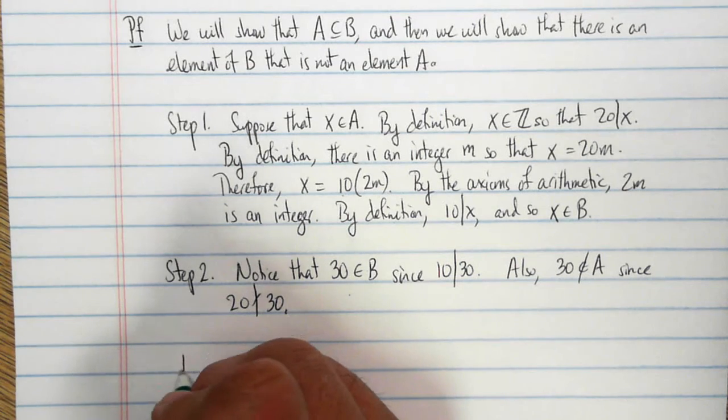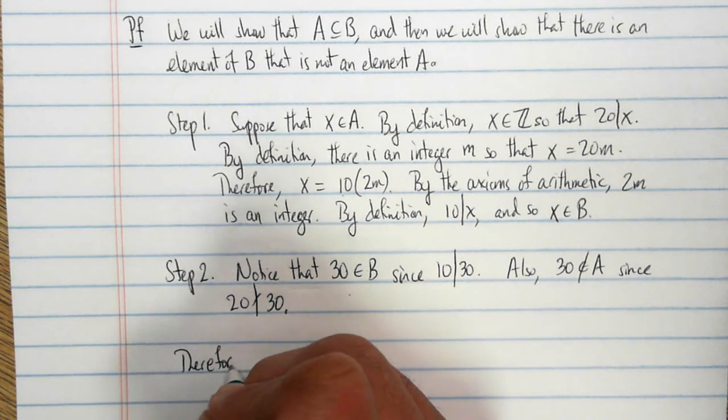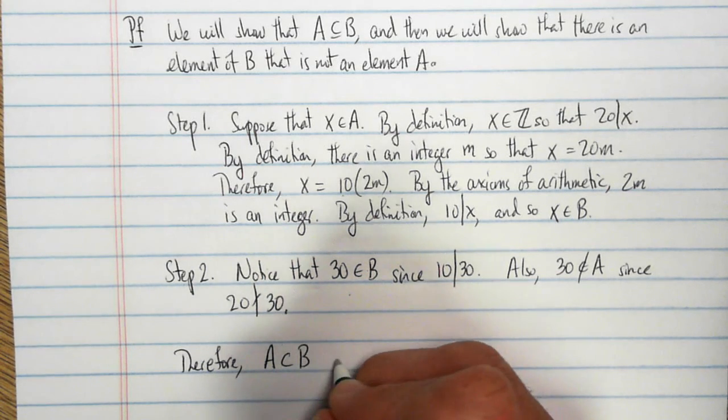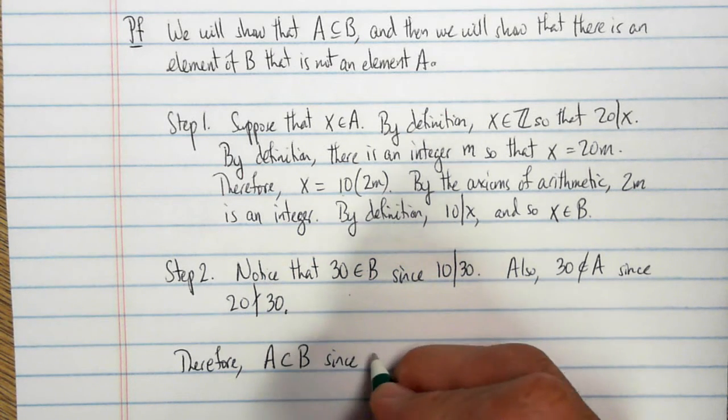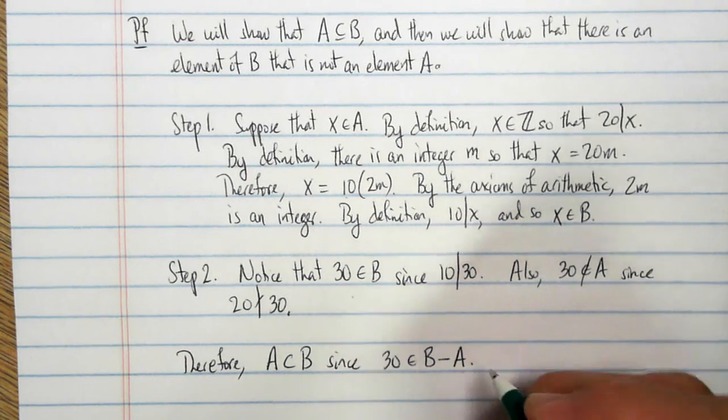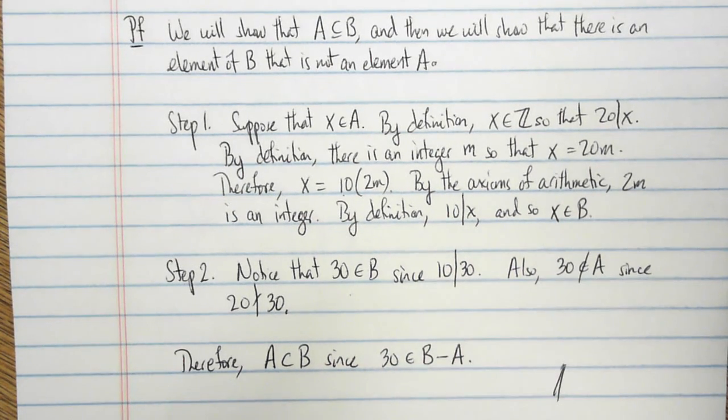Okay, therefore, we can conclude that A is a proper subset of B, since 30 is in B, but it's not in A. And so that is the end of the proof.